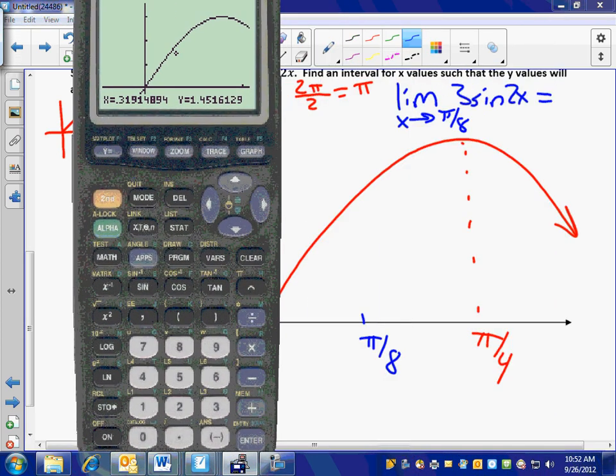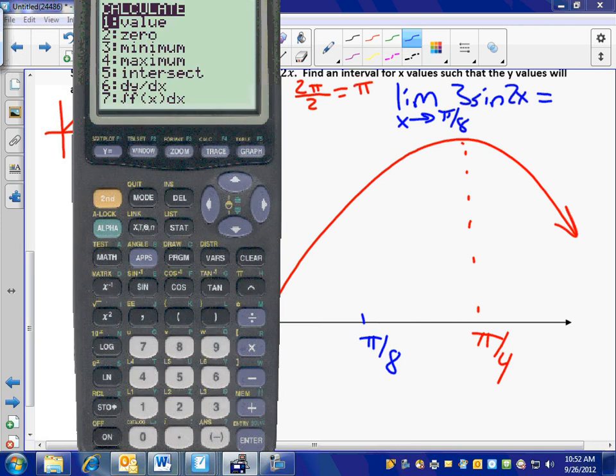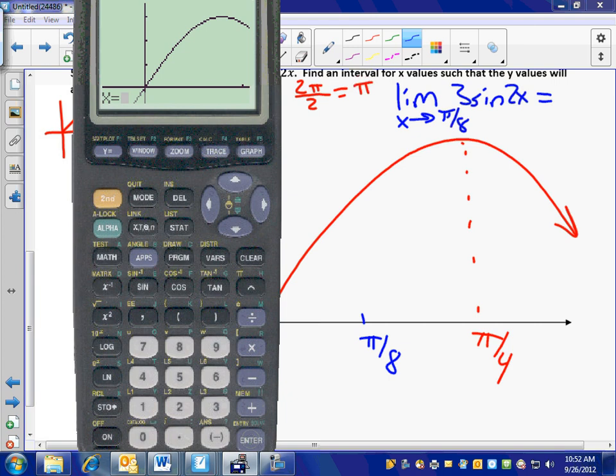Easy to do that. I'll show you another way to do that on your calculator. Second, calculate, value. Hit enter. X is equal to, just punch in pi divided by 8. And it will give you a y value of 2.12.